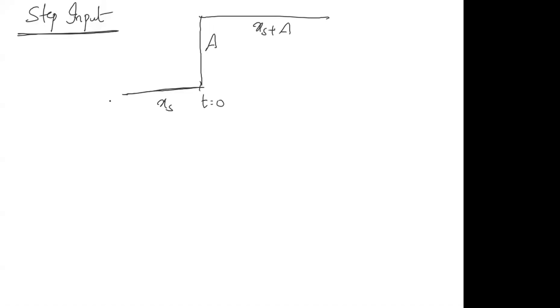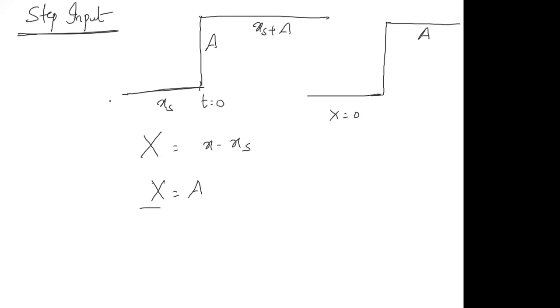Now in capital X, in deviation terms, the deviation variable is small x minus xs. If I plot capital X, it is equal to 0 here, and then capital X changes by a units. So capital X is equal to a.